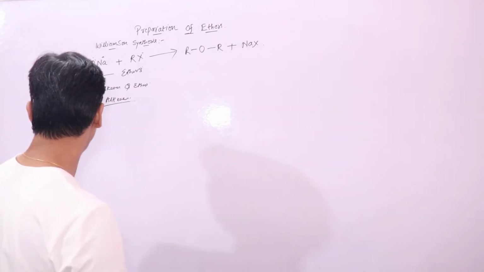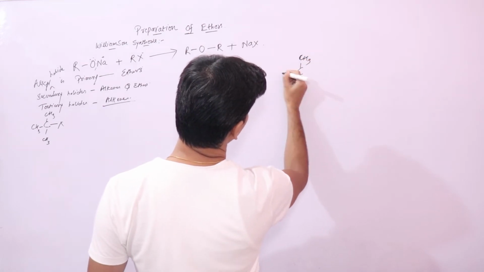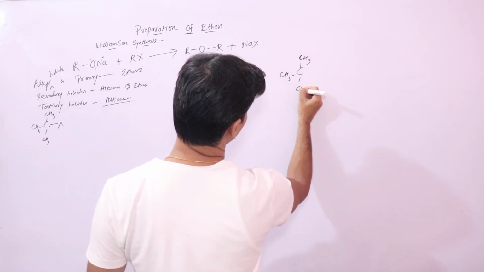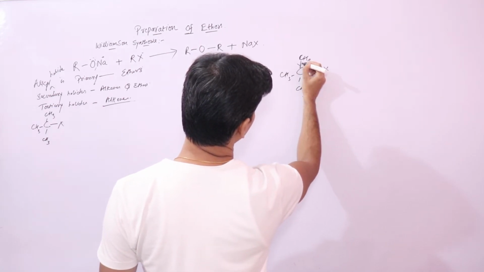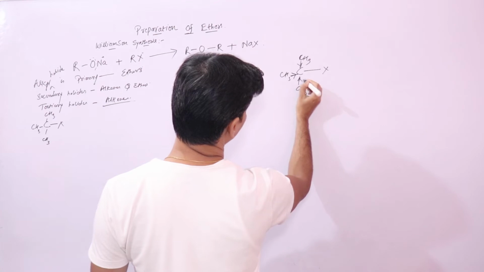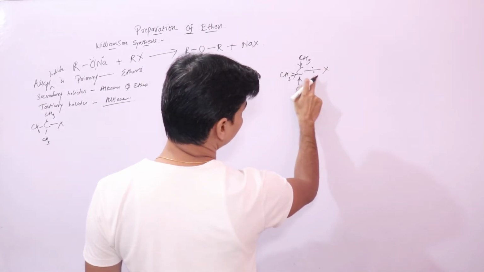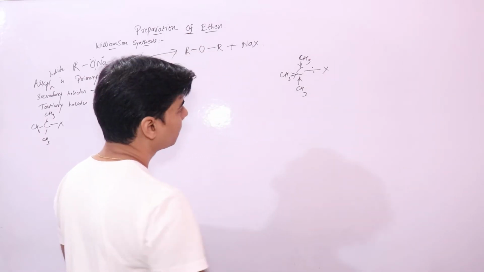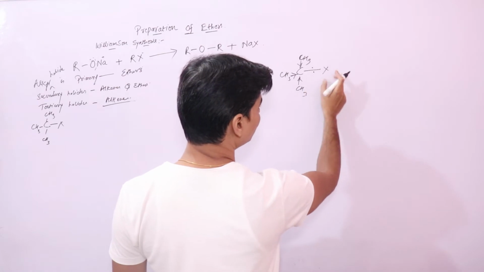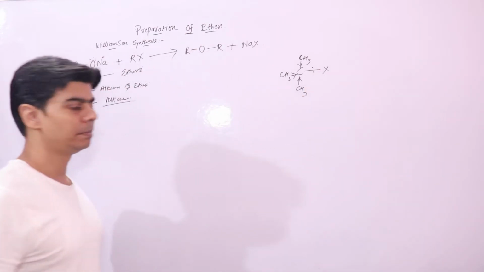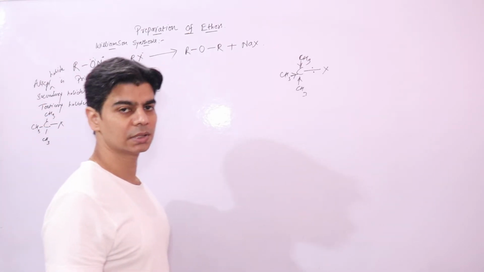Why? Because if you remember, if this is your tertiary halide, all these methyl groups are electron releasing, and the electron pair of the C-X bond is already more towards the halogen atom, because the halogen is more electronegative than carbon.